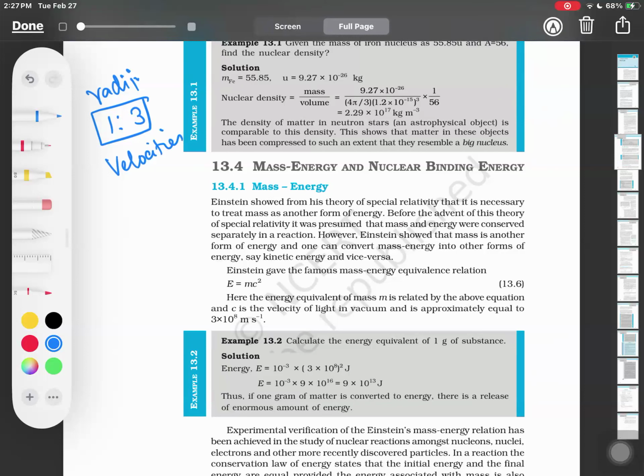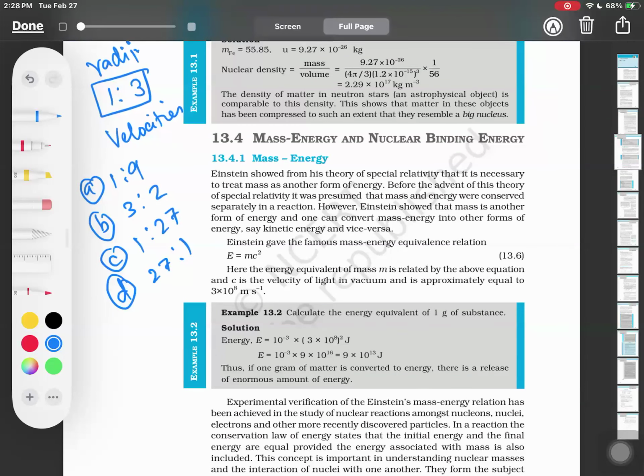A nucleus is split into two nuclear parts. So what type of reaction is it? Fission or fusion? Fission. Right. The options for the velocity ratio are: option 1 is 1:9, 2 is 3:1, 3 is 1:27, 4 is 27:1.